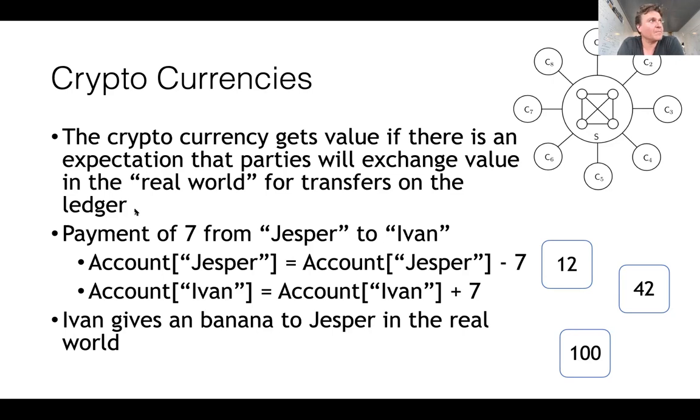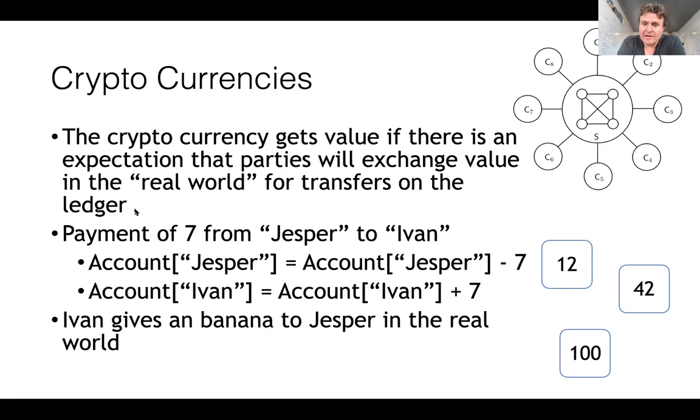Another big problem is, how does something like Bitcoin attain value? How would these numbers end up being worth money? That's maybe the most magical thing. The way it happens is that if you're lucky and you create your cryptocurrency, something like Bitcoin, and it so happens that at some point people start being willing to exchange real world objects for corresponding transfers of these things on the chain, well, then it becomes worth something, right?